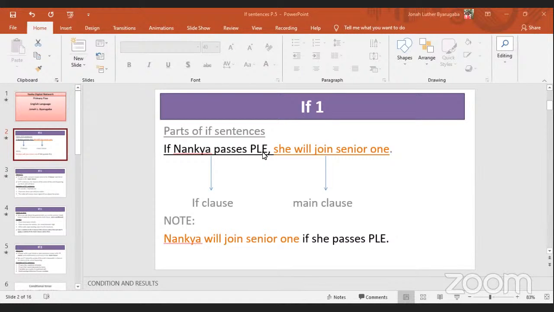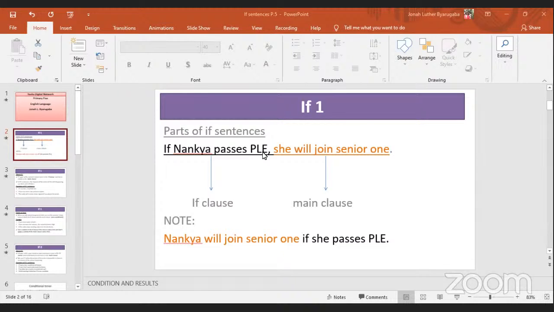Those two clauses combine to form an if sentence. What each clause is made up of informs us whether the sentence is if one, if two, or if three.